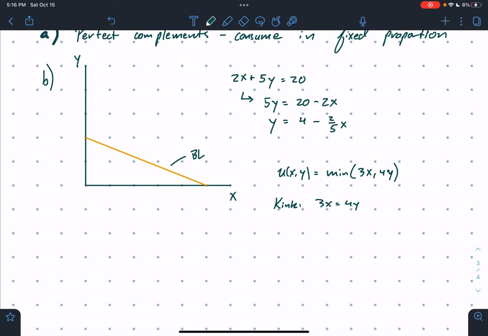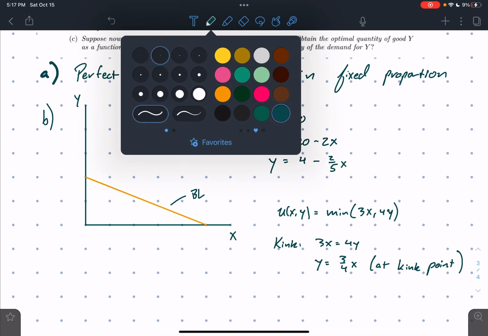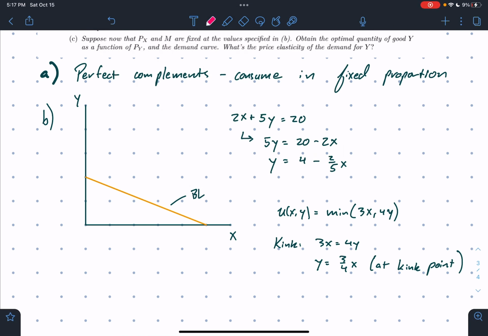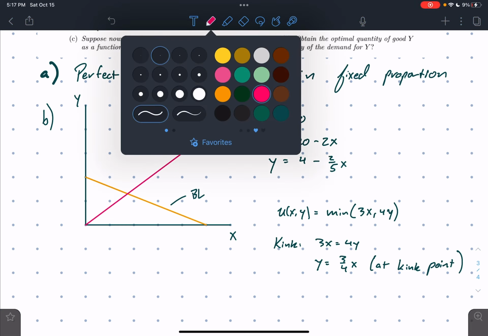But this just means that y is equal to 3/4 x at the kink point, at the point where it's a corner. If we want to plot this, it's just going to be a line with a slope of 3/4. It's going to be sort of like this. So this is the equation which shows us the kink of the indifference curve.